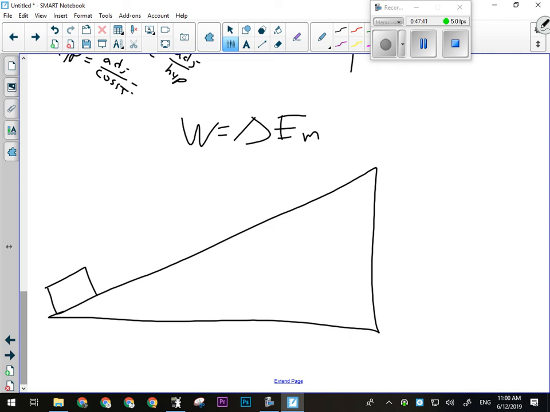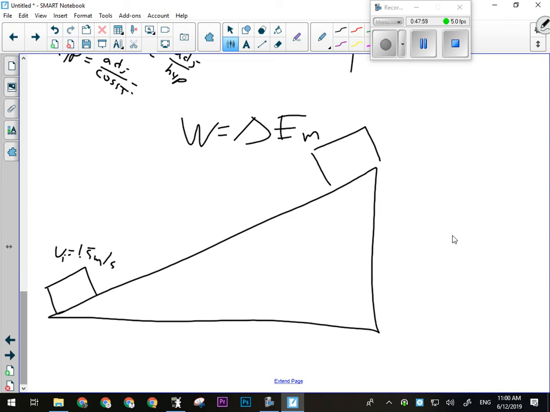Let's say that I am comparing the top of this ramp to the bottom of this ramp. At the bottom of this ramp, the object is moving at 1.5 meters per second.